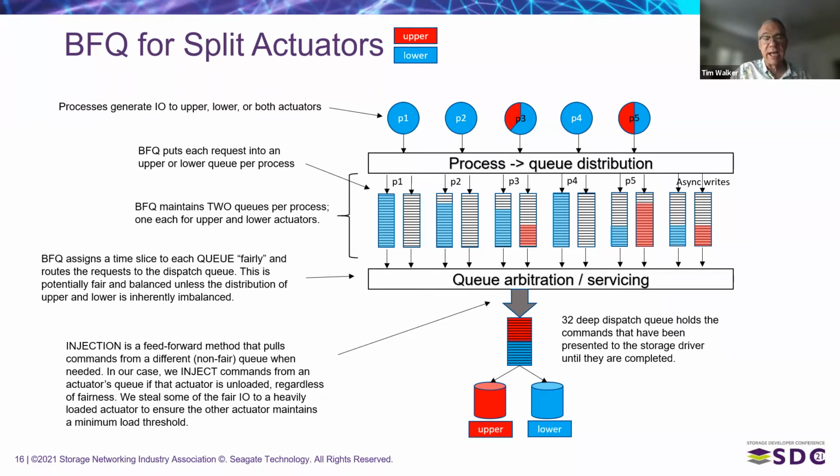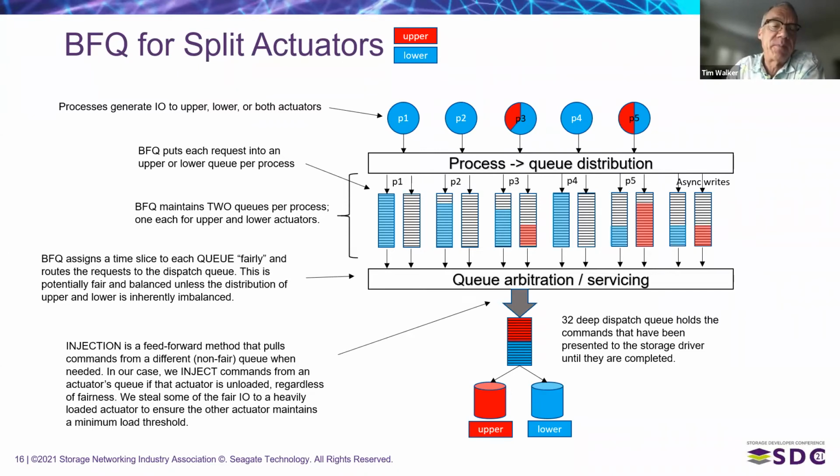In this case, it's a SATA drive, so it has a 32 command deep queue. 32 commands is not a really deep queue, as opposed to a Seagate SAS drive, which is 128. But with 32, it's easy for a process to generate a burst of IO that resolves to 32 or more requests down to the drive. And that is the key of what has to happen at the IO scheduler to keep a single target multi-actuator drive like this happy.